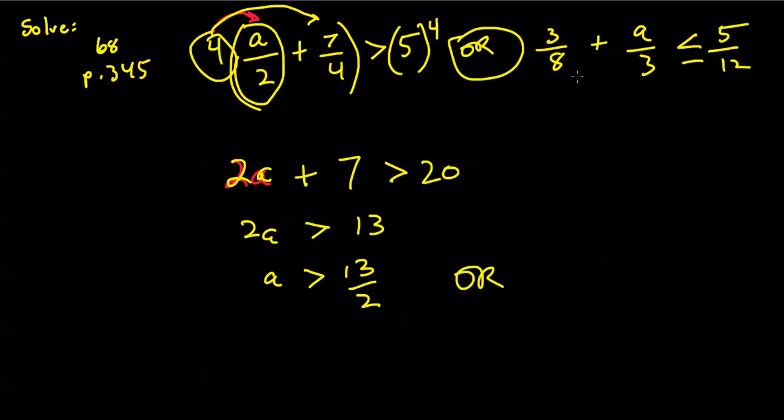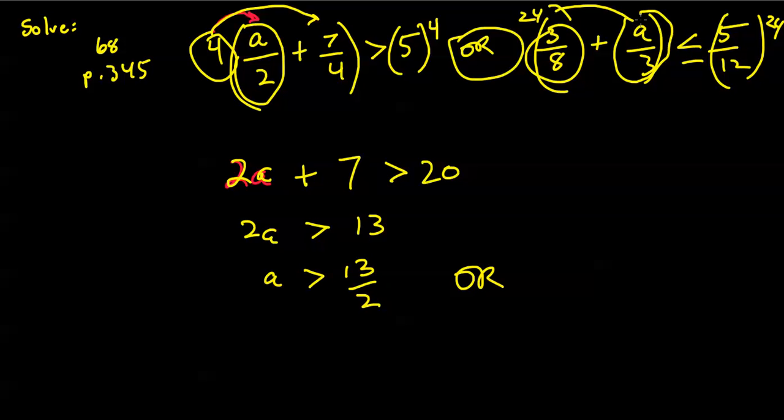What's the LCM of 8 and 3 and 12? Of course, it's 24. Squeezing this in here. But again, I'm going to have to apply my distributive law, multiplying, at least on the left-hand side, both of those terms by 24 independently. 24 times 3/8.